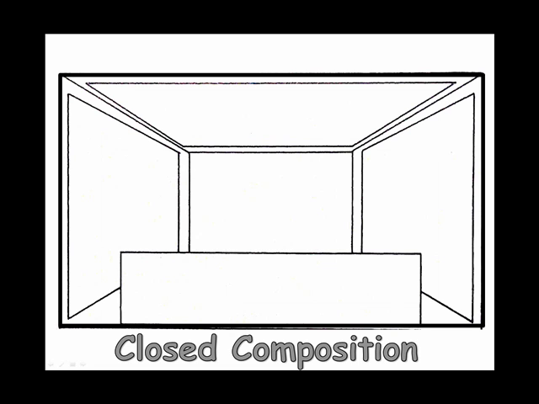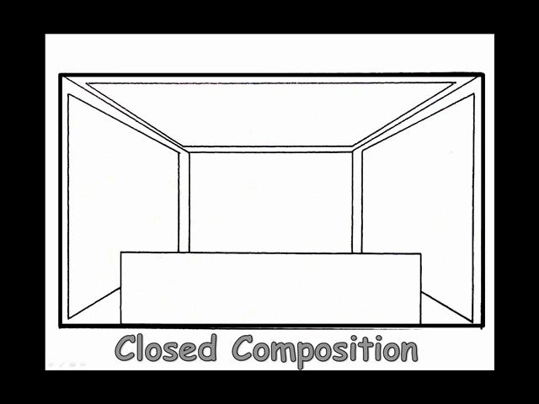Alright, this. Closed composition. As it says in the book, a closed composition is where the elements within the frame, and the dark black box is the frame, the elements that are within the composition tend to keep your eye in the frame. Like everything that you look at kind of guides your eye back in.